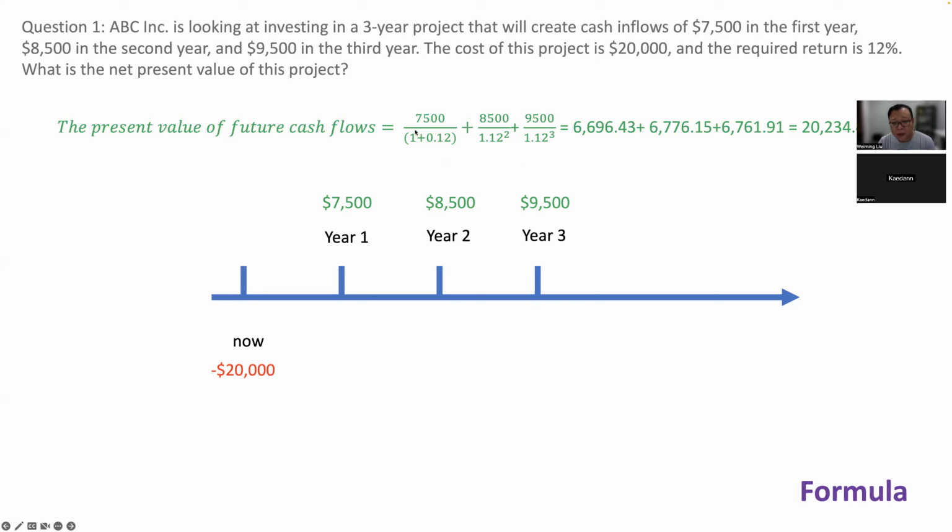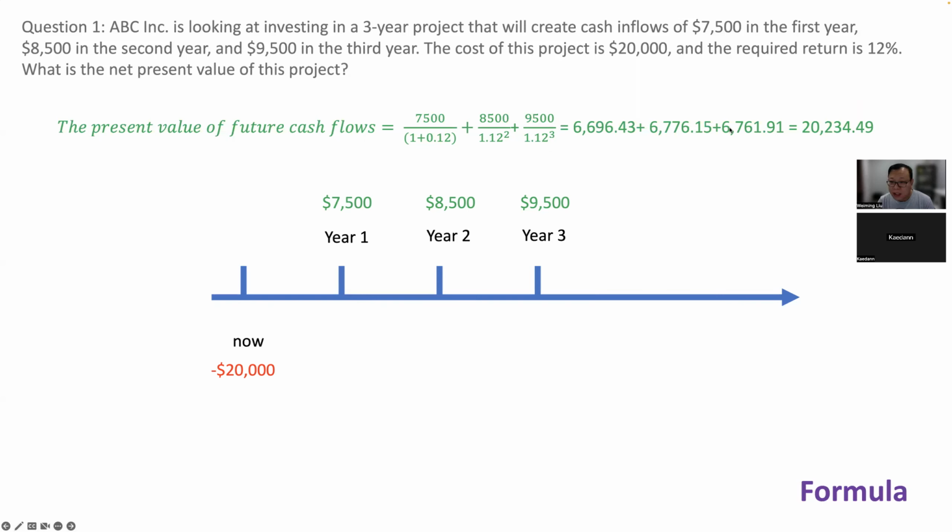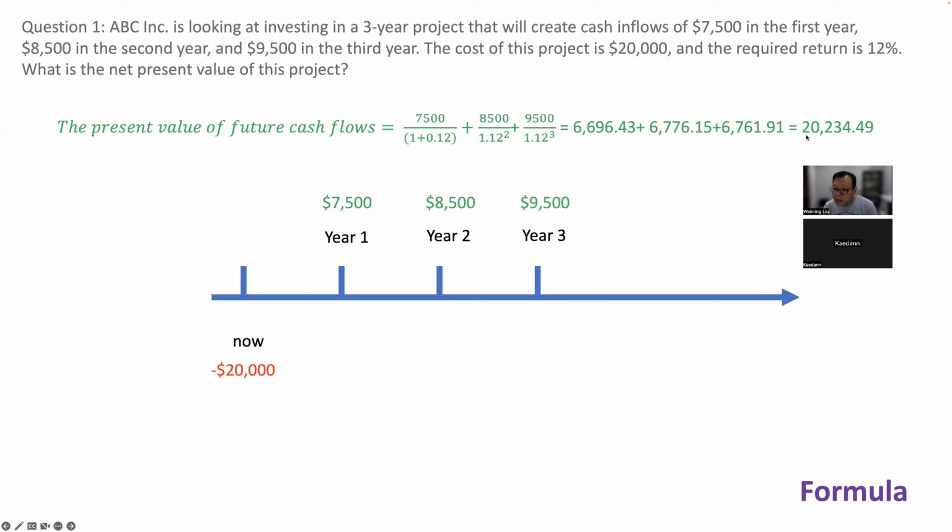After doing these discounting factors, I'm able to calculate that the present value of all these future cash flows is actually $20,234.49. Okay, so this is the present value of what I can get from the future inflows.